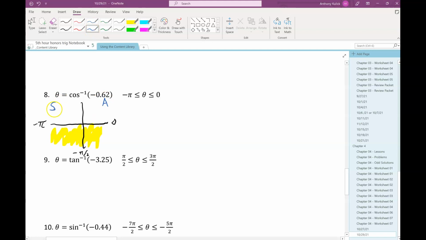So I do my all silly turtles crawl, and I can determine that cosine is negative in the 3rd quadrant. And again, since I know theta is a negative value, I'm drawing the angle going clockwise rather than counterclockwise. So far, so good? Okay.